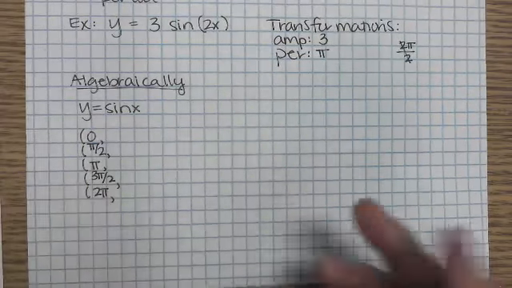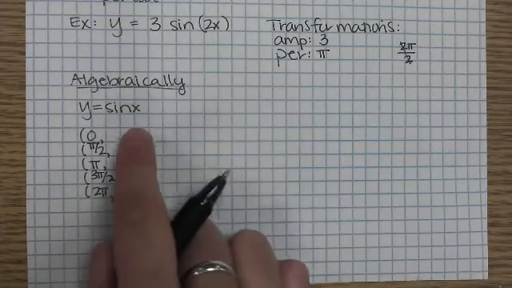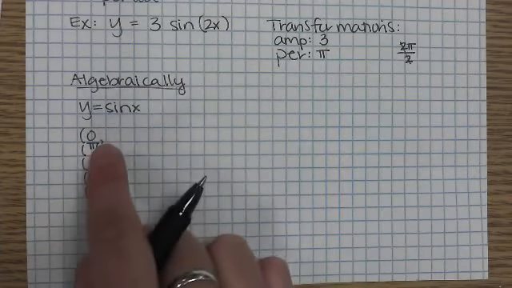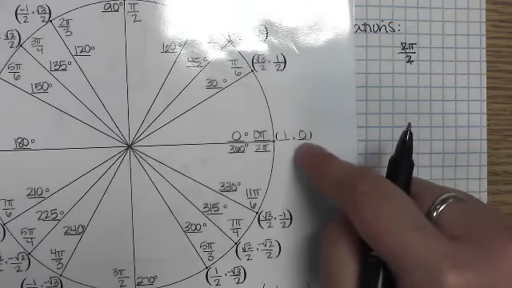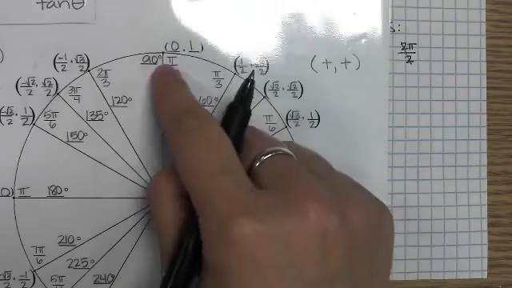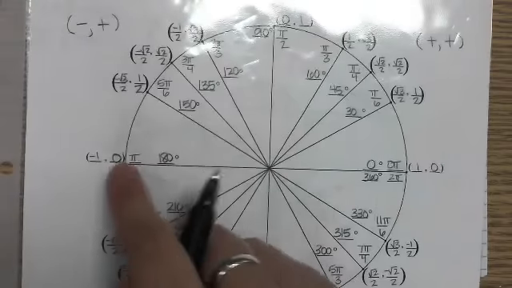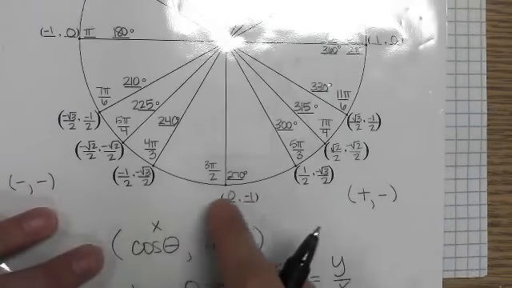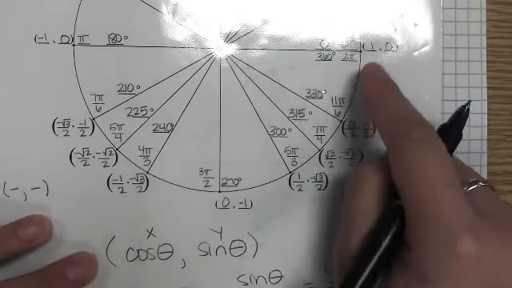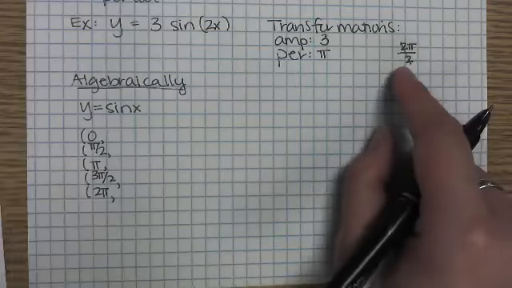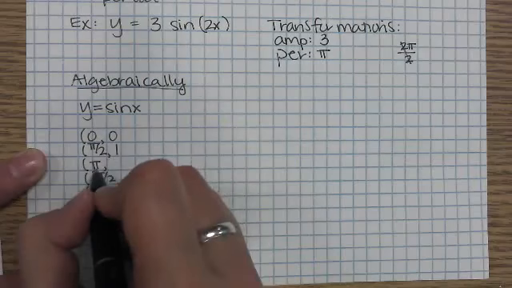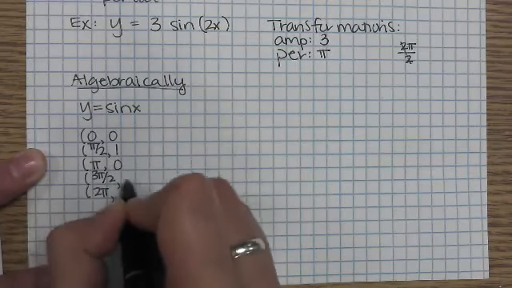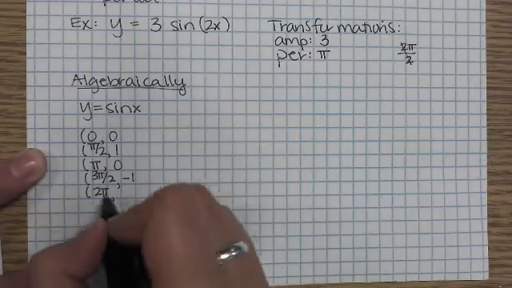And since we're talking about sine of an angle equals a value, if I'm looking at sine, I should be looking at the y-coordinate. So that is 0, and then up here we have 1, 0, -1, and back to 0. So sine of 0 is 0, sine of pi halves is 1, sine of pi is 0, sine of 3 pi halves is -1, sine of 2 pi is 0.